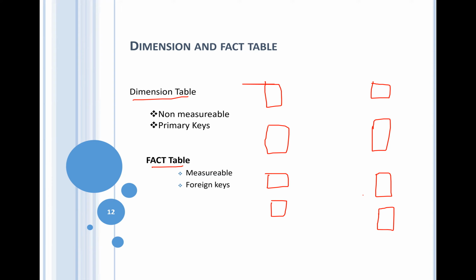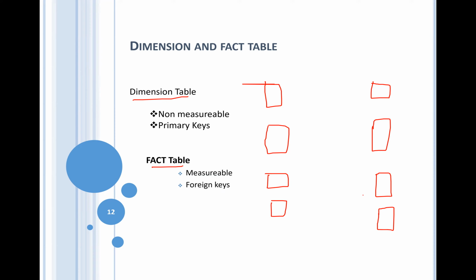If you are an employee for a particular company, the employee ID is the primary key, and your attributes are your first name, last name, mobile number, date of birth, email ID, address, skill set, designation, everything is attributes. They will maintain it in a table.